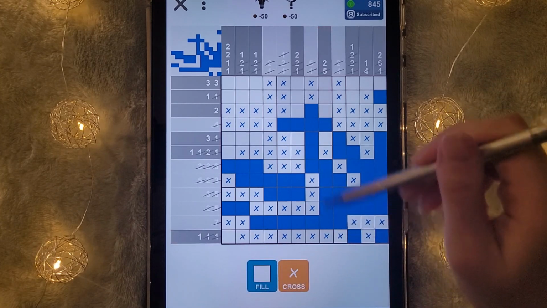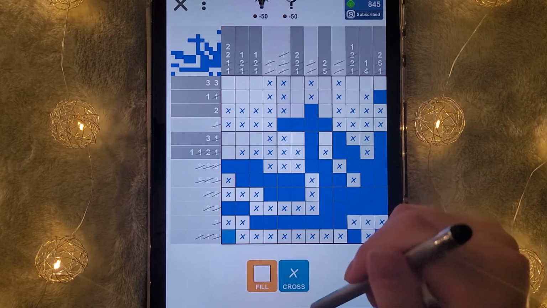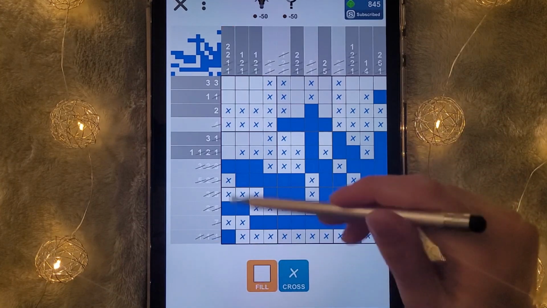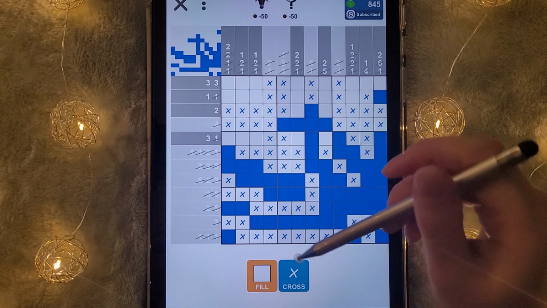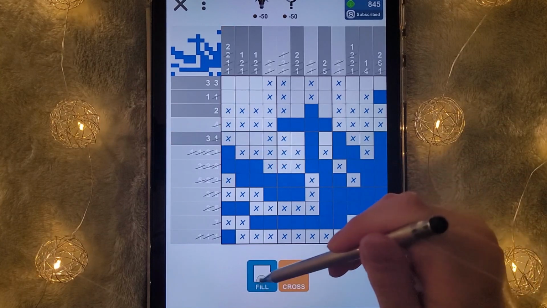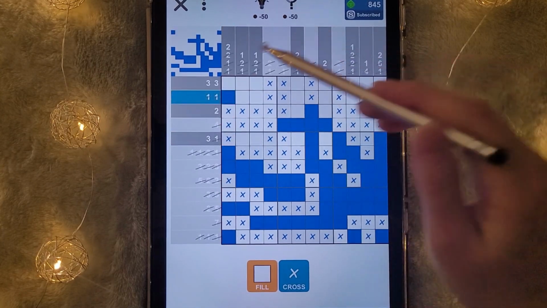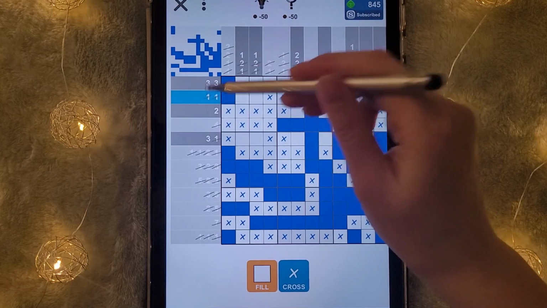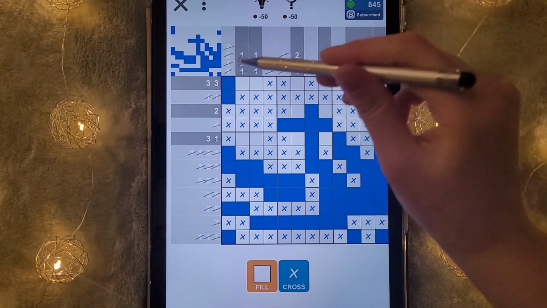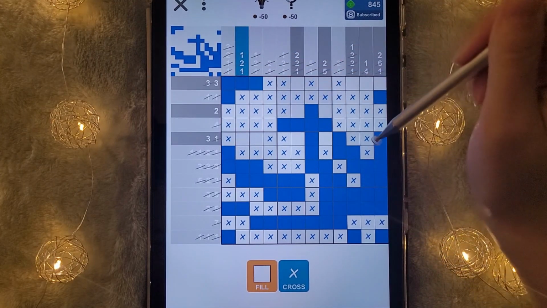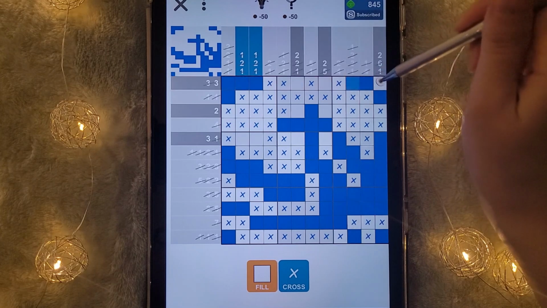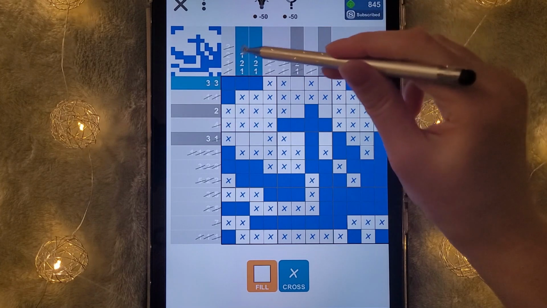And now that is blocked off, which means we just have one spot there. And that is a 2. Let's do the X and the 2 up here. And then fill in that row. Now we can fill in a 3 there and a 3 here.